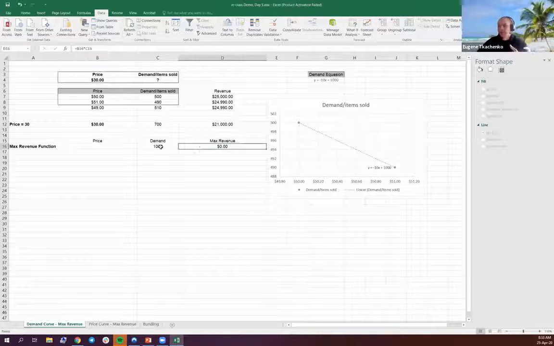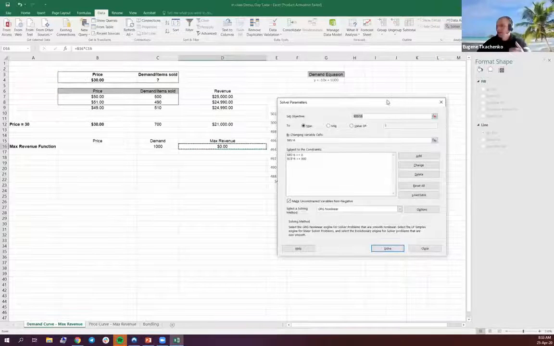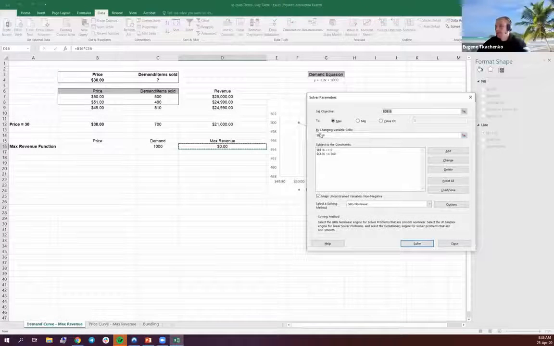And again, you can play around with this logic, use it and change it as many times as you want, but just for the sake of this exercise: we are maximizing our revenue cell, setting it to the max objective, changing the variable cell. In this case, we are changing the variable of the price.